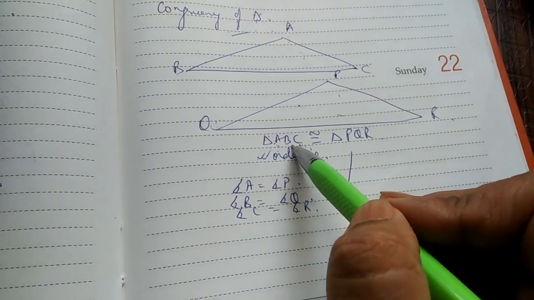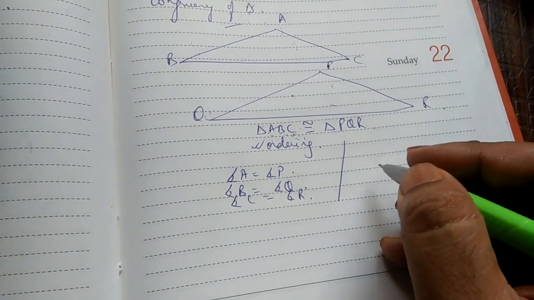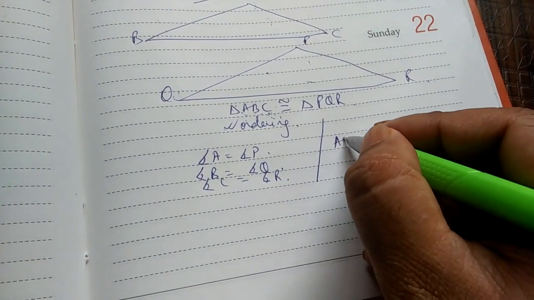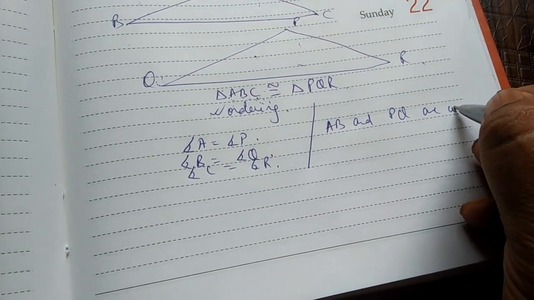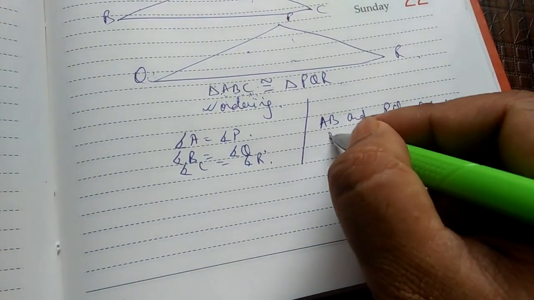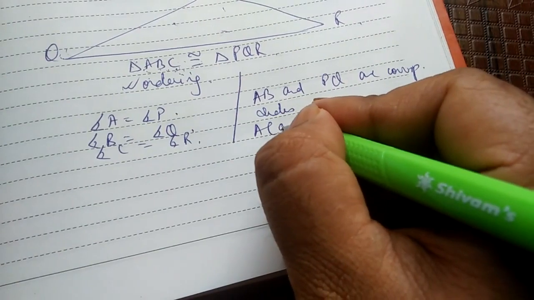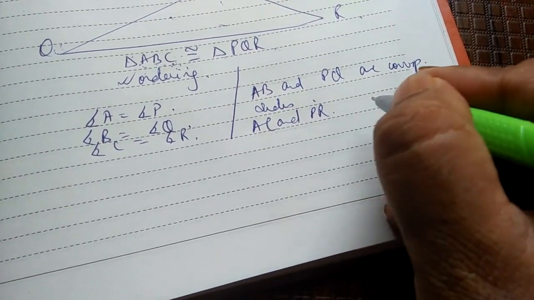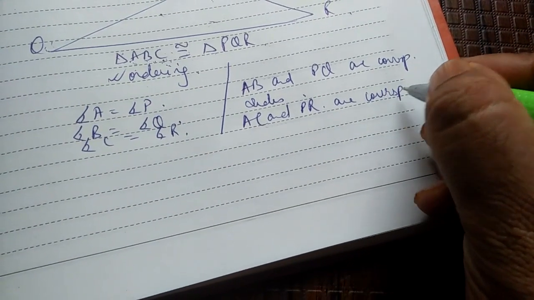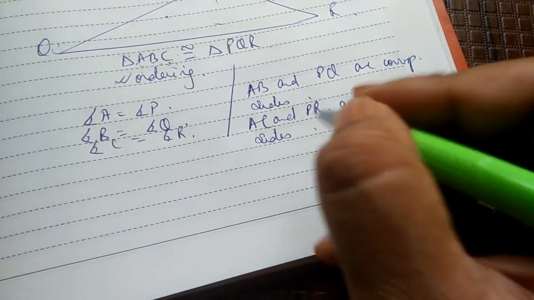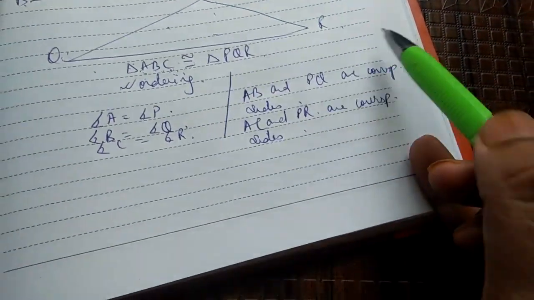If triangle ABC is congruent to triangle PQR, that means AB and PQ are corresponding sides. It also means AC and PR are corresponding sides. AB, PQ, AC, PR.